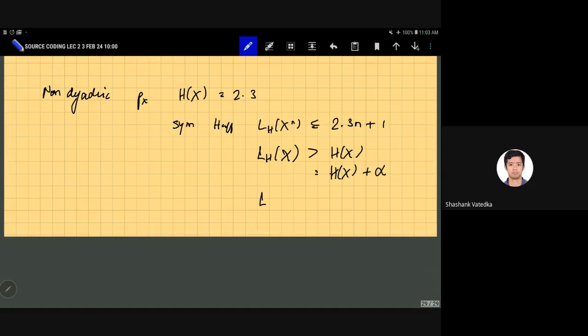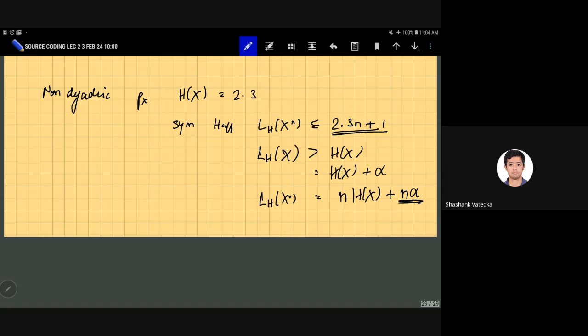If you do symbol-wise encoding using Huffman codes, you achieve an expected length of n times H of X plus n alpha. This quantity grows as n tends to infinity, so for large n the expected length is going to be much larger than 2.3n plus 1 bits. So this statement is false.